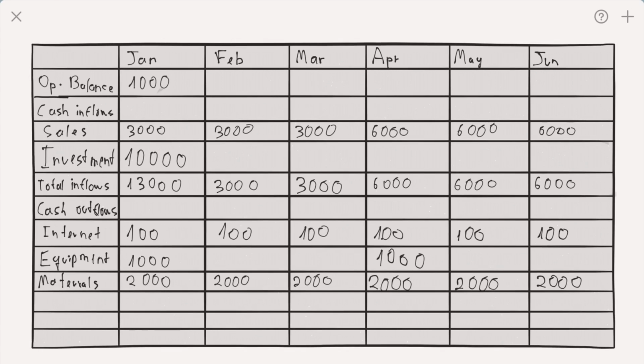So, as you can see, this company pays $100 every month for internet, has paid $1,000 for equipment in January, and another $1,000 for equipment in April, but also is paying $2,000 every month for materials. Now let's calculate the total outflows.